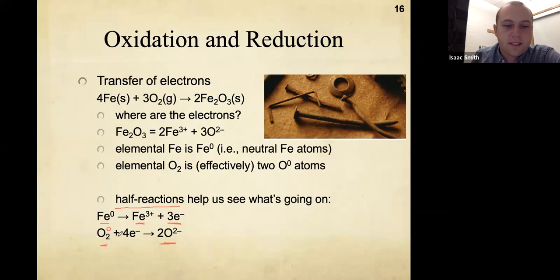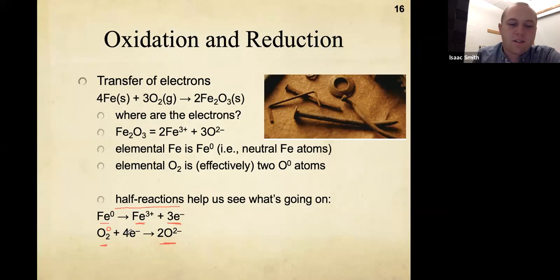You have 2 oxygen over here, and each one goes to a 2-, right? So in order to do that, 4 electrons needed to be added, 2 electrons per oxygen atom. So then you end up with 2 oxygen atoms with a 2- charge, okay?